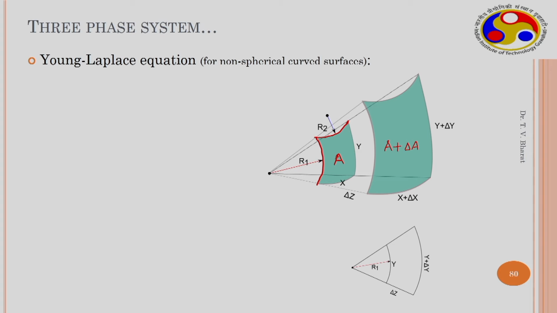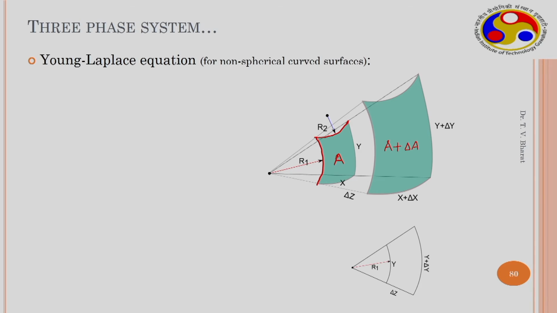In this particular case, we can estimate the pressure drop across the interface by analyzing the work required, the work done for expanding this area to this. Let us try to understand.